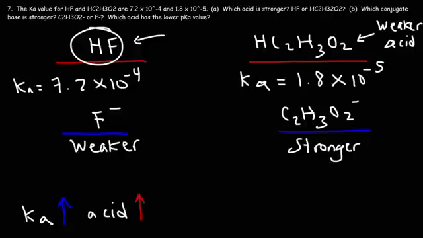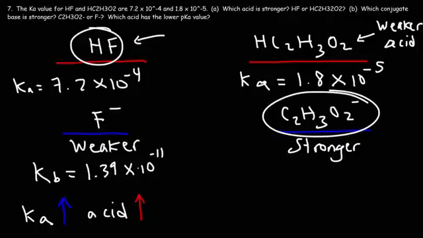Let's calculate the Kb value for each conjugate base. So it's going to be Kw, or 1 times 10 to negative 14, divided by that number. And so for fluoride, the Kb value is going to be 1.39 times 10 to negative 11.